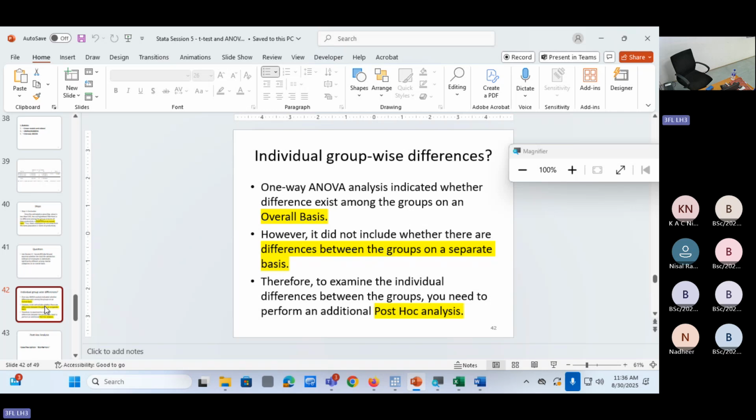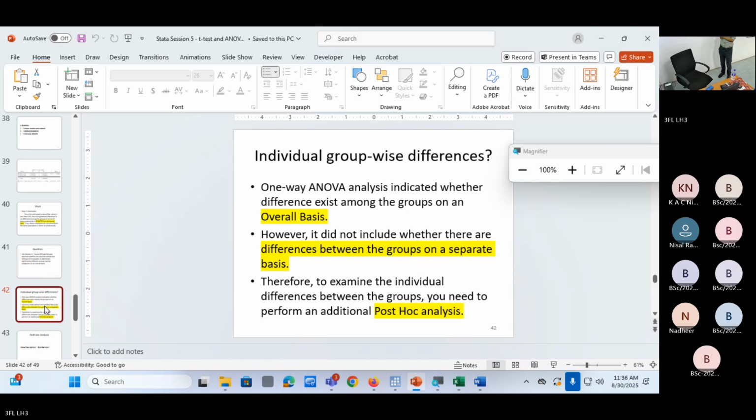To check that, we perform something called post-hoc analysis, and we have to see whether the groups are different from each other. That's called post-hoc.